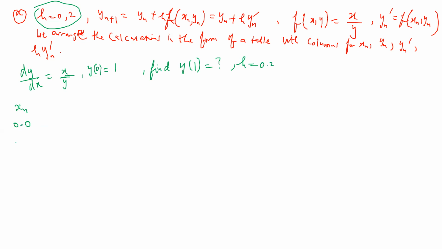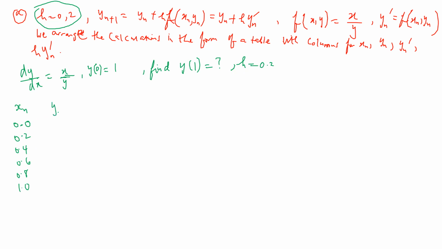Okay, and then now if we add 0.2, which is 0.2, we add another 0.2, 0.4, 0.6, 0.8, and then we add 0.2, you get 1.0.